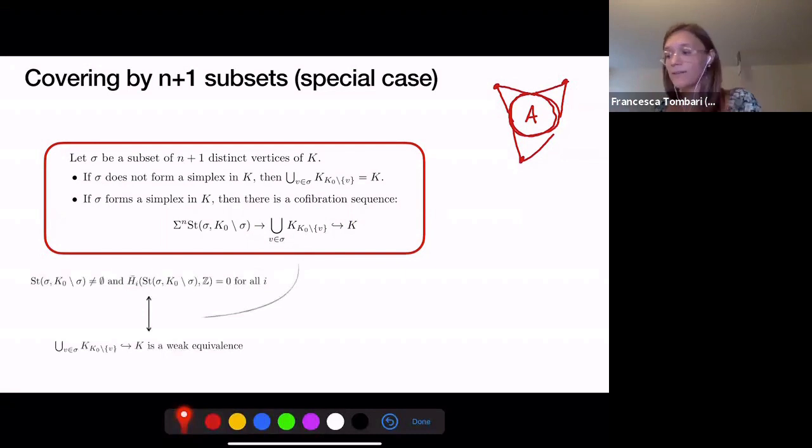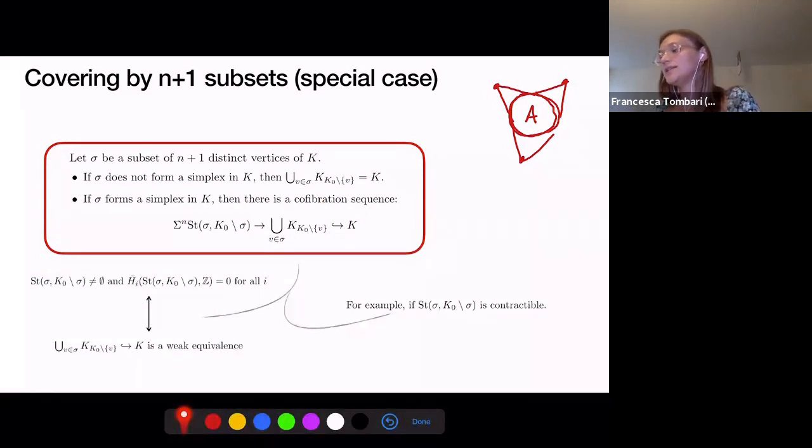So in particular, we obtain a weak equivalence between the data-driven decomposition of K and K if, for example, the obstruction complex is contractible. This is the only case that is included in the article for more than 2 subsets covering K0. Otherwise, as I mentioned before, we don't really have an answer because it gets a little bit complicated.